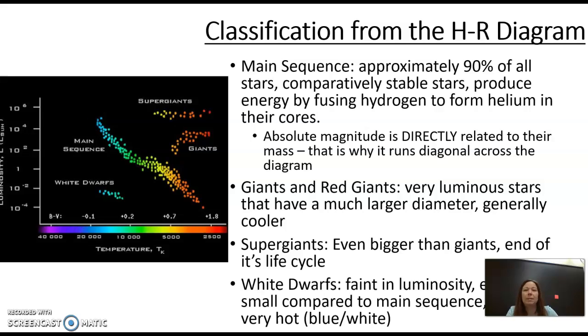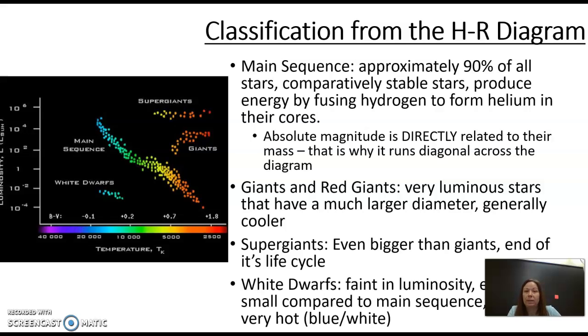All right, so our main sequence: approximately 90% of all of the stars that we know of in the universe are main sequence stars. So they fall along this middle range right in here. They are very stable at this point, like ours is only halfway through its life cycle, just barely, and they produce energy by fusing hydrogen into helium in their cores, and that's what makes them burn.